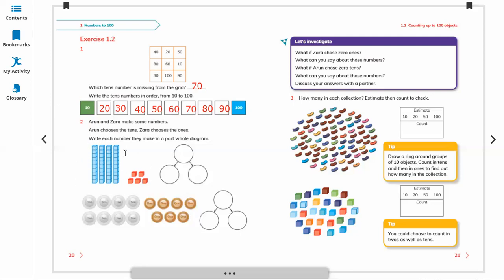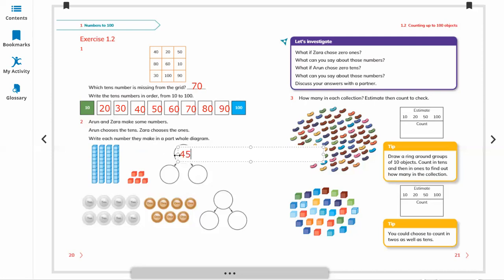Arun is counting in tens, so he makes the number that is 4 tens, meaning 40, and Zara is counting in ones. So let's count 1, 2, 3, 4, 5. So the total is going to be 45.